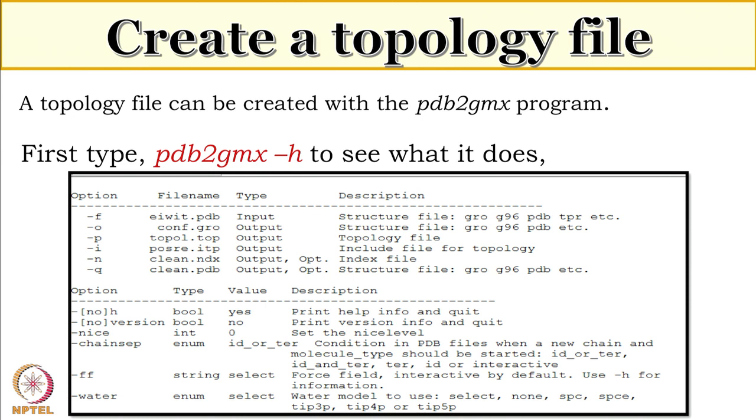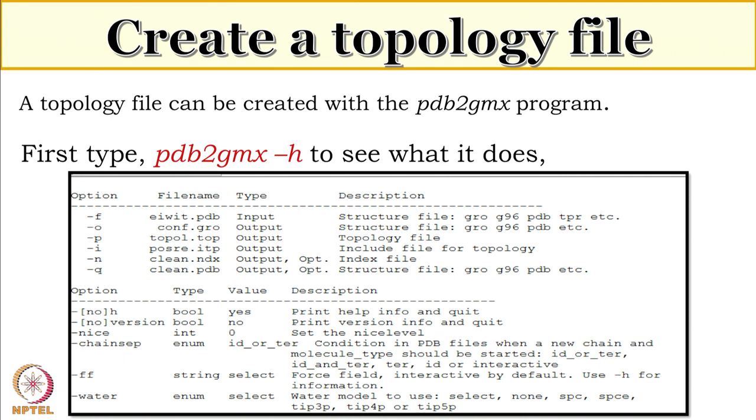It displays the input file required to run this program and the output files we expect. The input file required is the PDB file, speptide.pdb, which we already have. The outputs can be a topology file, a GRO file, an index file, and an ITP file.